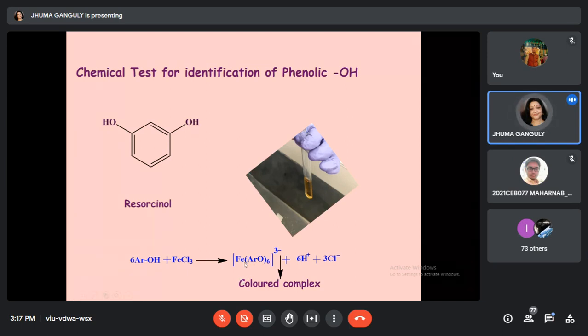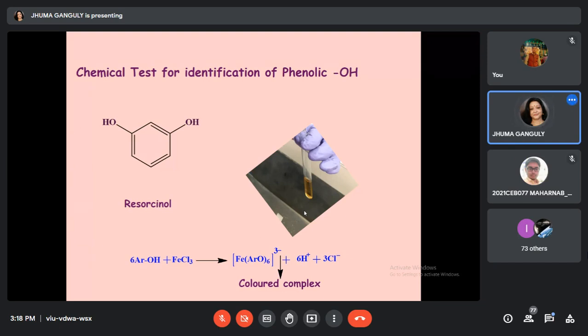These are very dark colored compounds, but depending on the aryl group the color is different for different phenolic moieties. Here we have some green or blue color, but if you have naphthol you will get a different color, because of their resonance and pi conjugation, as I already mentioned about UV. Their transitions and absorptions are different, so the corresponding color is also different.